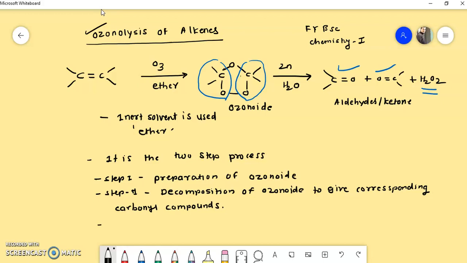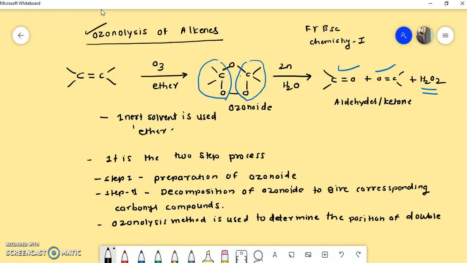The important use of this ozonolysis method is that it is used to determine the position of the double bond in unknown alkenes.